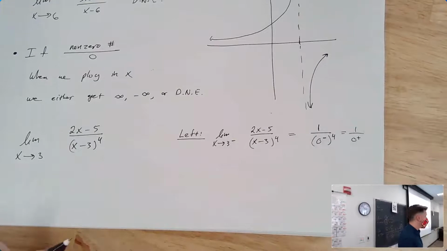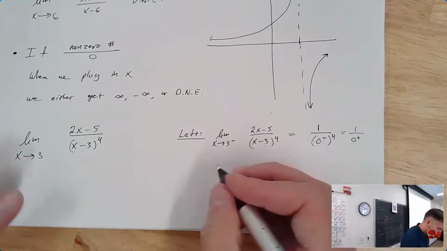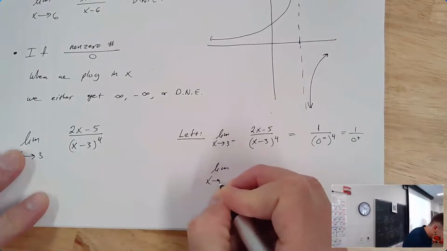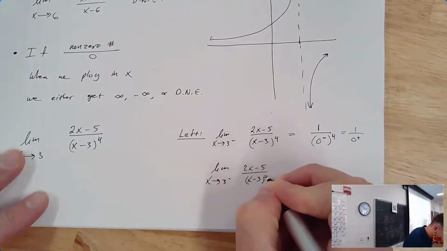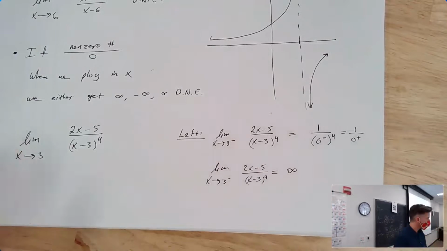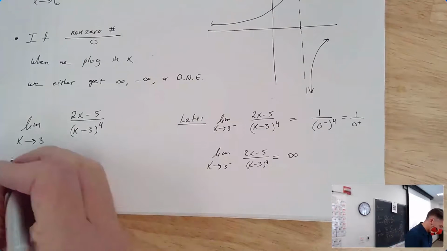So is this limit going to be positive infinity or negative infinity? Positive, right? Because it's a positive over a positive. So this limit, as x approaches 3 from the left, of (2x minus 5) over (x minus 3)^4 is equal to infinity. Great. How about the limit as x approaches 3 from the right?